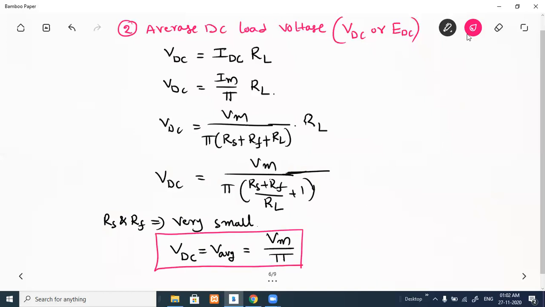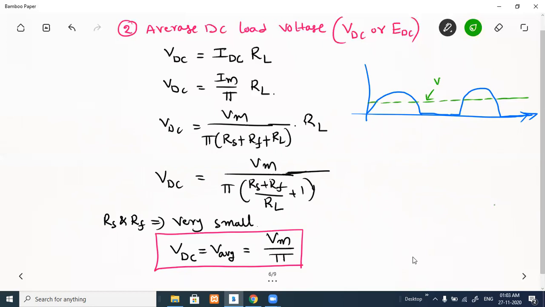So the load voltage, if you sketch, suppose the load voltage or output voltage of a rectifier, it is proportional to the load current. This is the waveform. For positive half cycle there is a current, and negative half cycle, no current. Now, if you sketch the average value, this is VDC.